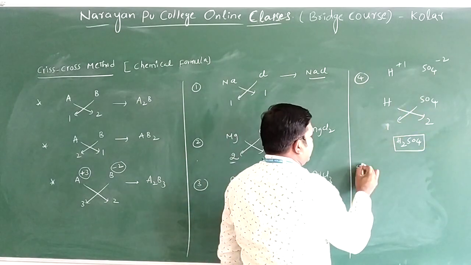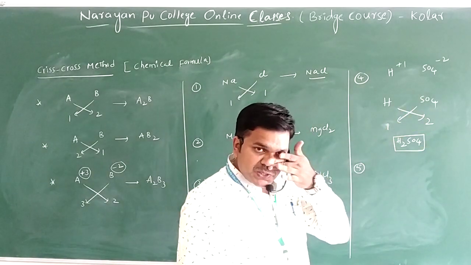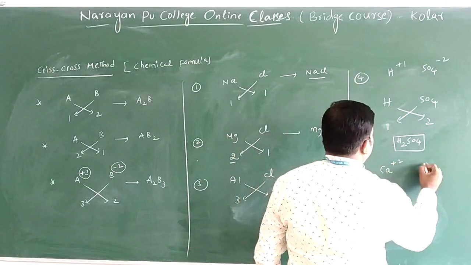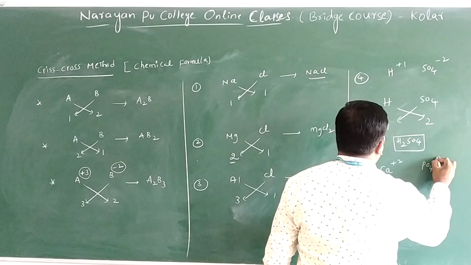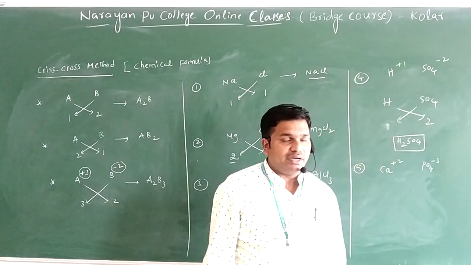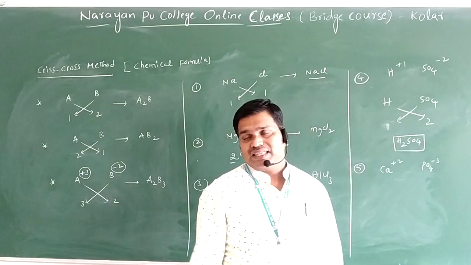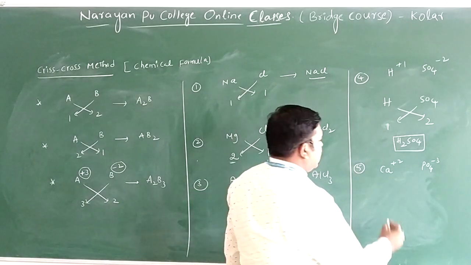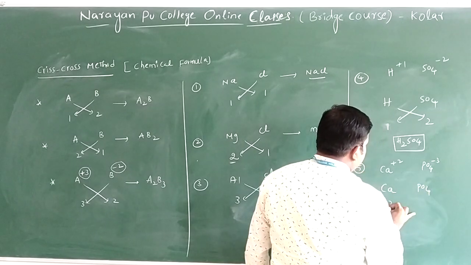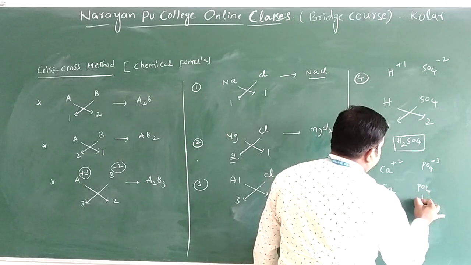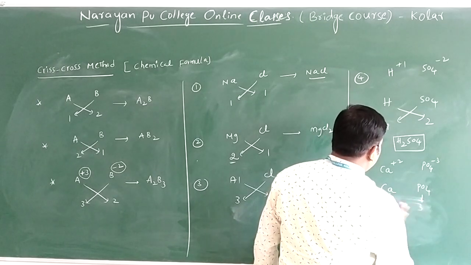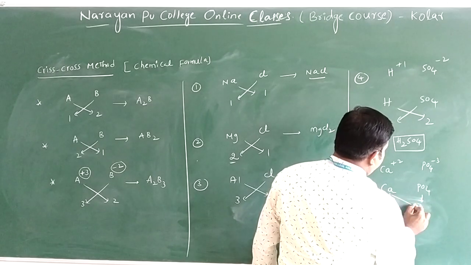Suppose the ion is given like this: Ca2 plus and PO4 minus 3. Ca2 plus is the calcium ion, PO4 minus 3 is the phosphate ion. You take calcium and PO4, here 2 and here 3.